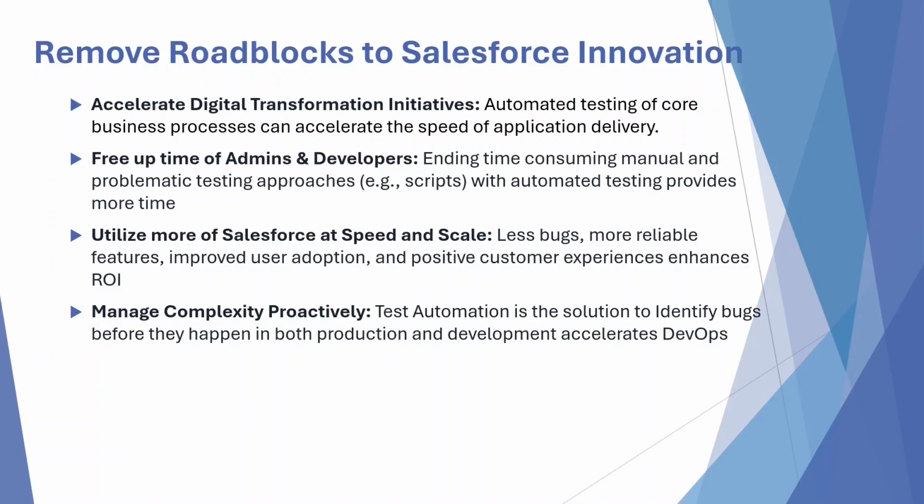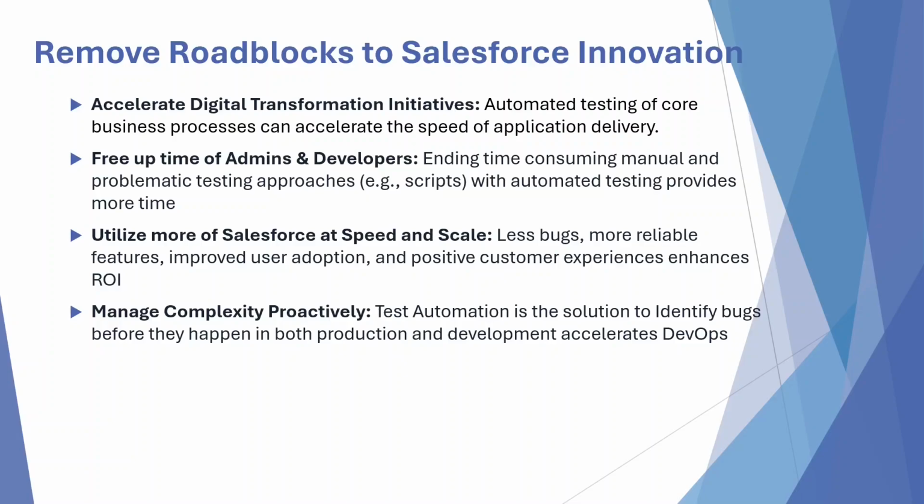Automated tests can quickly validate complex workflows, customizations, and interactions, allowing for rapid identification and resolution of issues. Tricentis Testim Salesforce ensures that testing keeps pace with development, thereby accelerating the overall application delivery process.